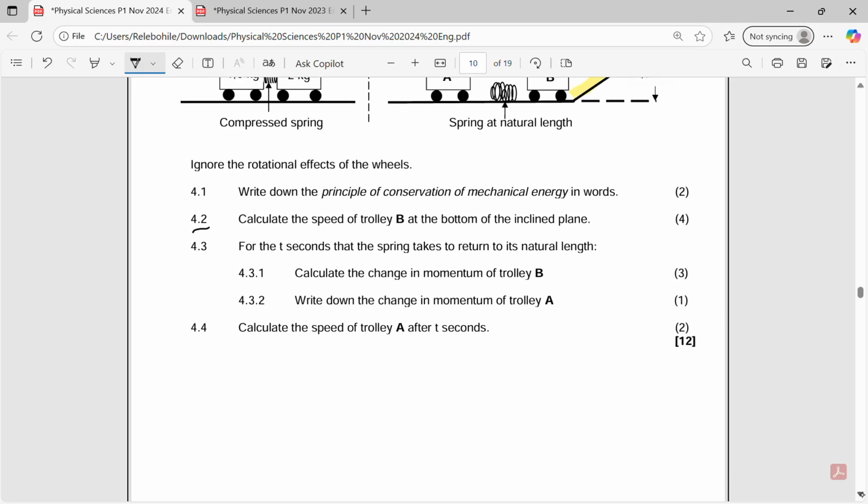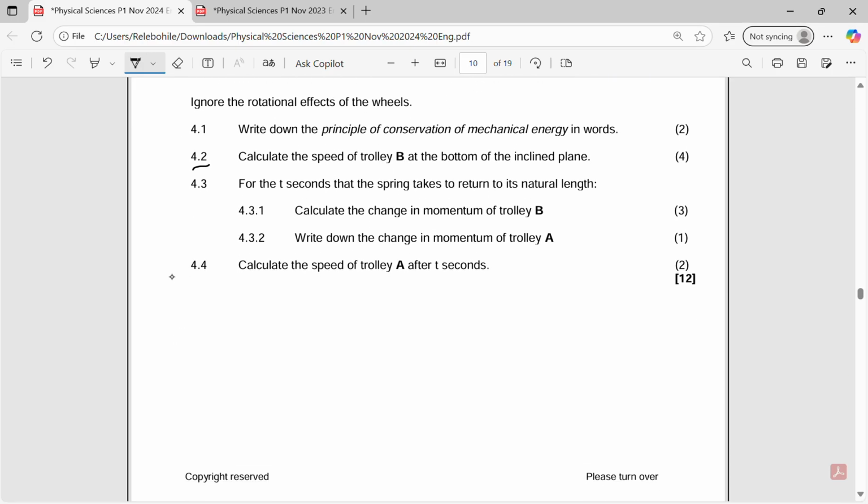We'll answer this question over here. So 4.2, we will use the principle of conservation of mechanical energy, that is EMEC before is equal to EMEC after. I'm going to break this down.